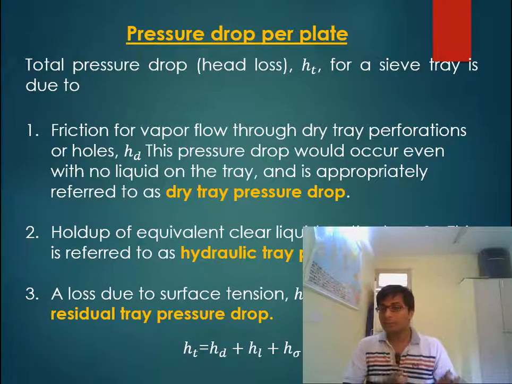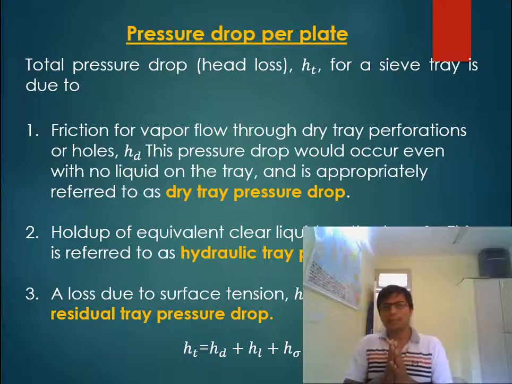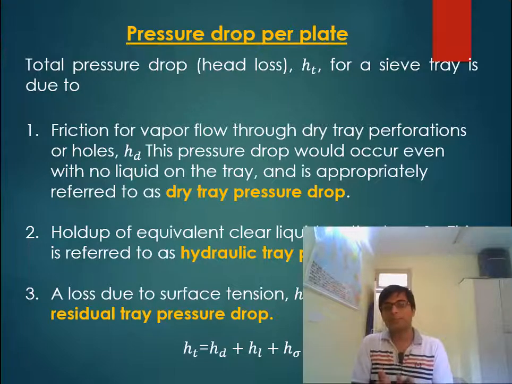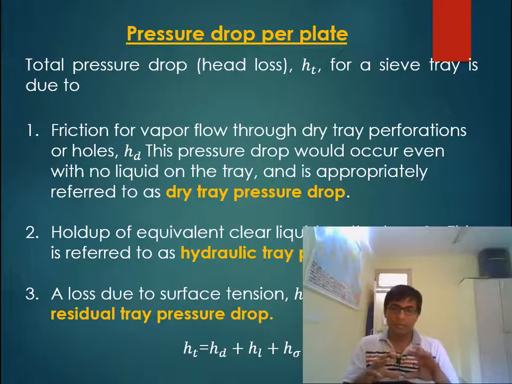Because if there were no restriction, there would be no pressure drop. There would be a slight variation of pressure due to potential energy changes, but that is very negligible. So if vapor pressure is reducing, it is experiencing some restriction or some friction losses, and we have to figure out what those restrictions are.